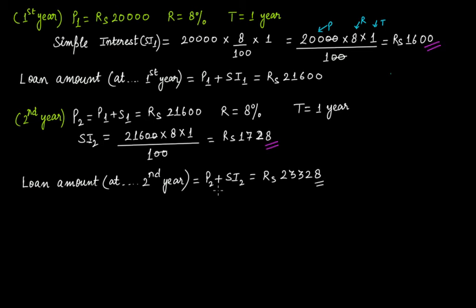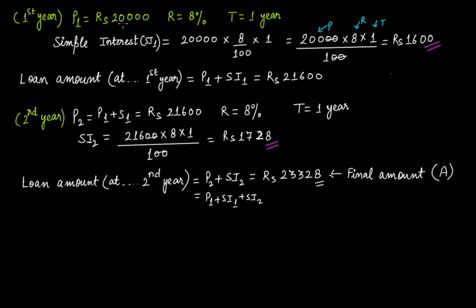It means what? It is actually the amount that you have to pay back to the bank at the end of second year. This is your final amount. Let's denote it by A. Actually, if you further solve this, P2 is P1 plus SI1, and plus SI2.